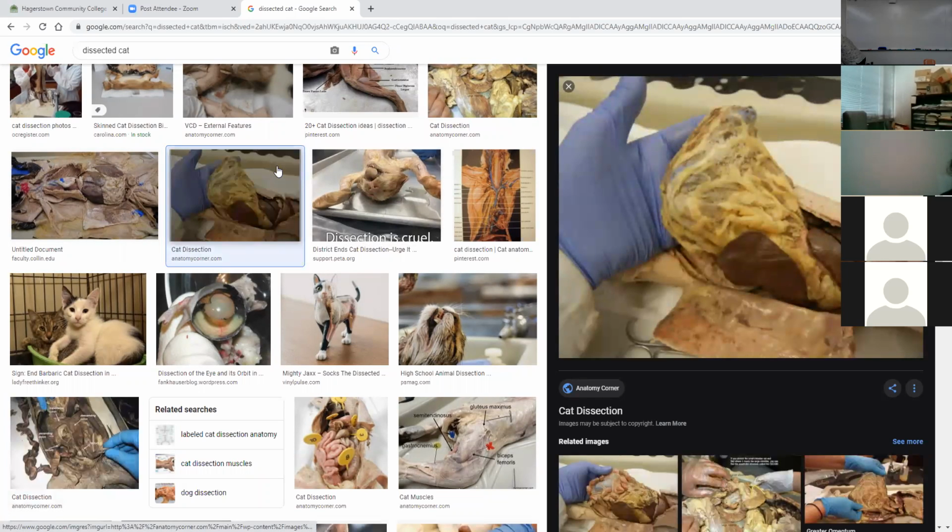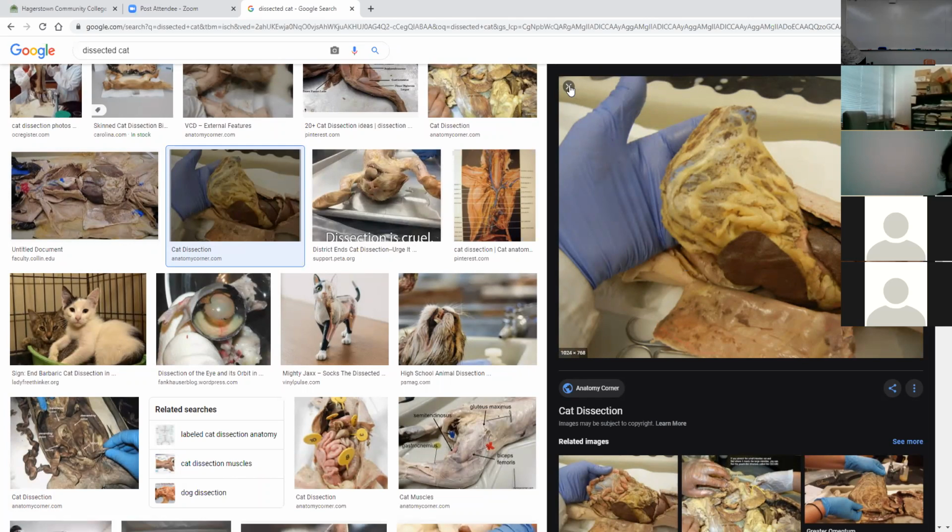Here is greater omentum, and this one is full of fat. It's a big fat storage organ, particularly in males. That's where we generally store fat. This is a secondary sexual characteristic. Men and women generally store fat in different places. Men in the greater omentum, women in breasts and hips.